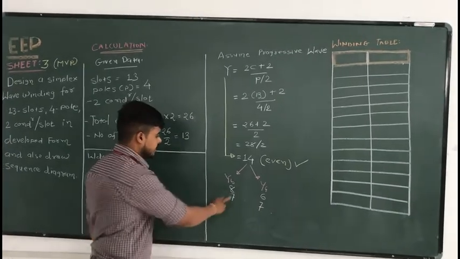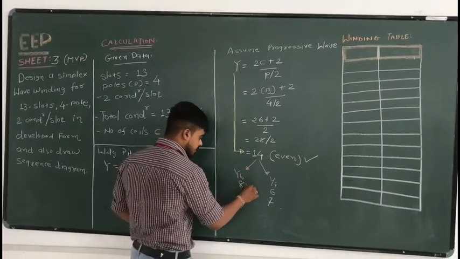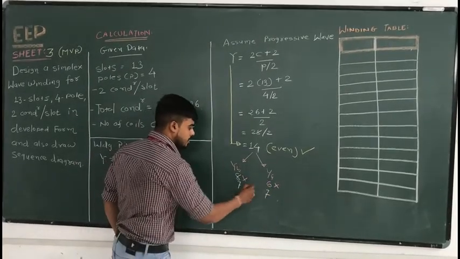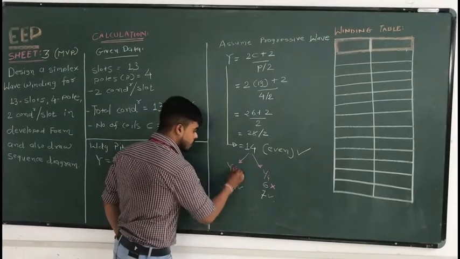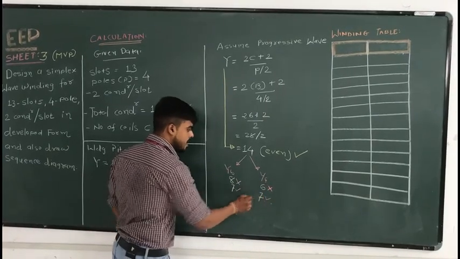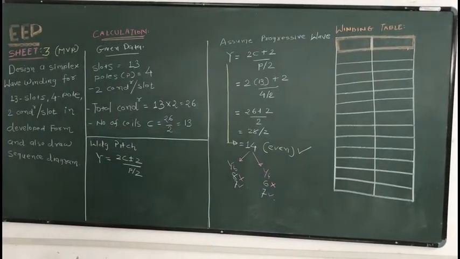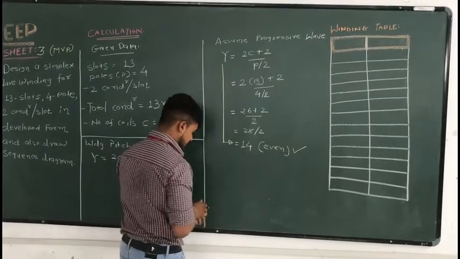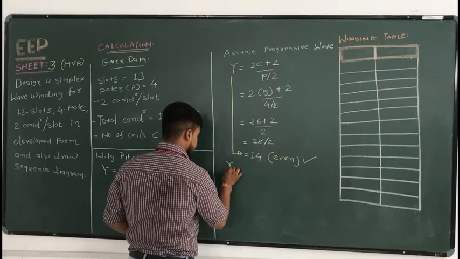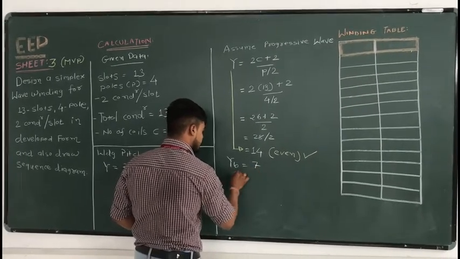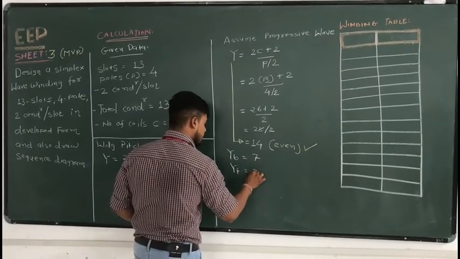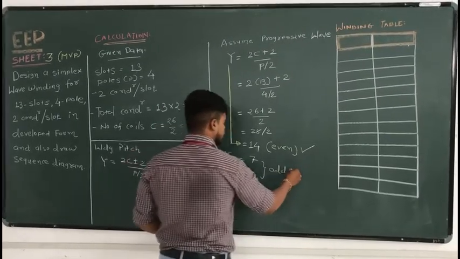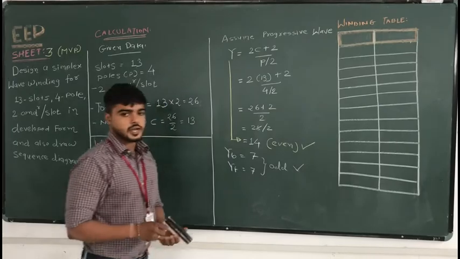But both of the first pair are even numbers, so this is not possible. That's why we have to consider YB is equal to 7 and YF is equal to 7. Both are odd, so our second condition is also satisfied.